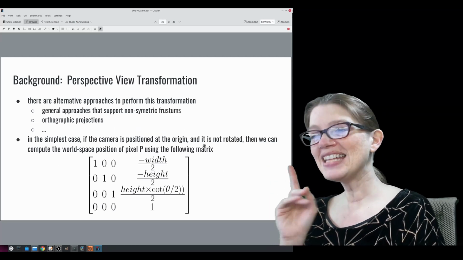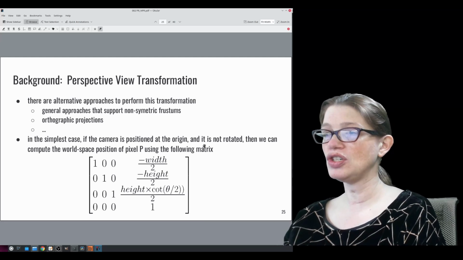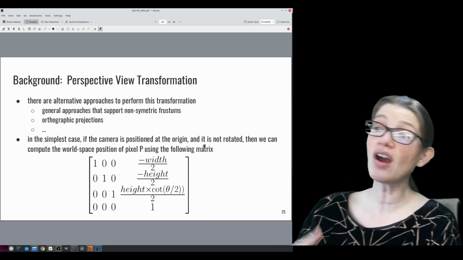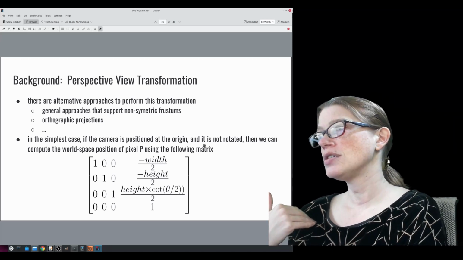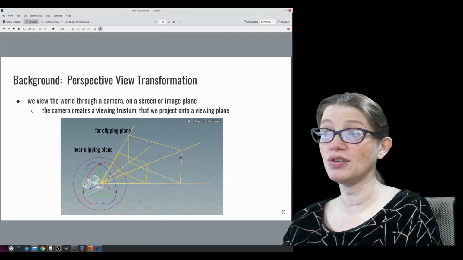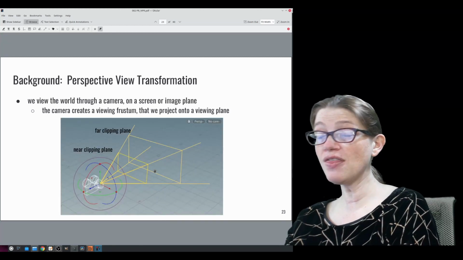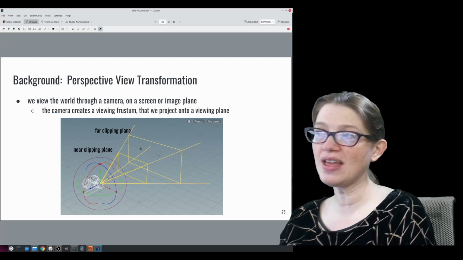Now, it's not the only way to do it. There are certainly many other approaches to do this transformation. And in fact, there are many other different kinds of transformations, because we've shown you the perspective view transform, the perspective view frustum. But there are other ones. For example, the orthographic view projection.